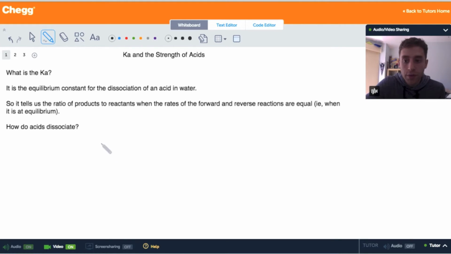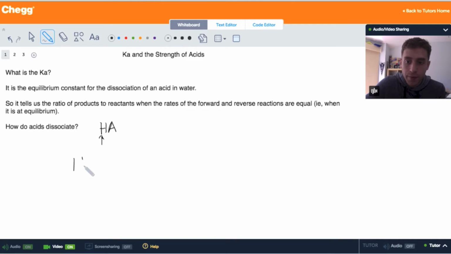So let's first determine how acids dissociate. Let's take a generic acid, HA, where this is your acidic proton. In water, this acid is going to do what acids do and donate a proton to form H3O plus and the conjugate base, A minus.